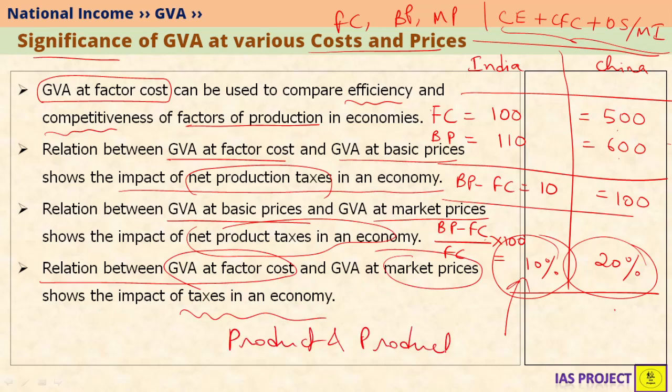So net product taxes and net production taxes, we can get the information by subtracting GVA at market prices and GVA at factor cost. So this is why GVA at different prices has its significance, because it gives the information about efficiency of the economy and competitiveness of the economy. It gives us the information about impact of net production taxes and impact of net product taxes, also impact of net taxes on the economy.